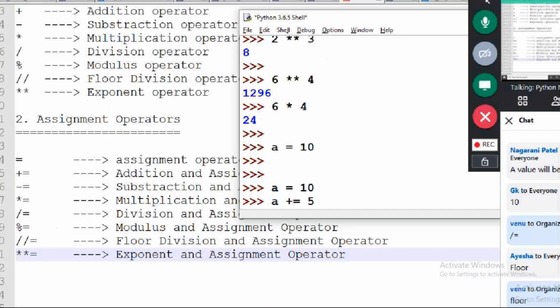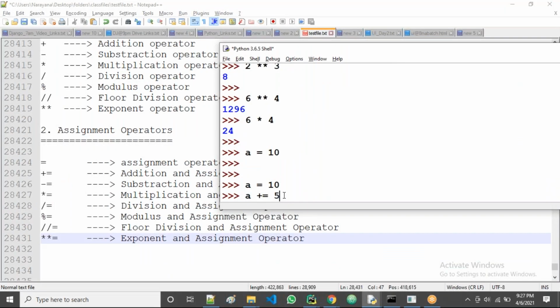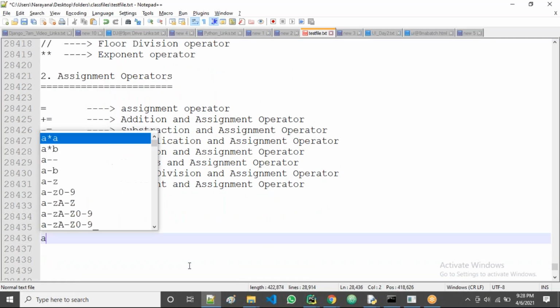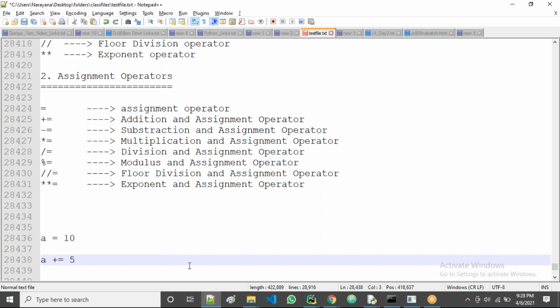What is the a value already? 10 is there. I'm taking the addition assignment. If I take it like this, how does it execute? Now I'll show you here. Suppose a equal to 10, then I'm taking a plus equal to 5, guys, right?